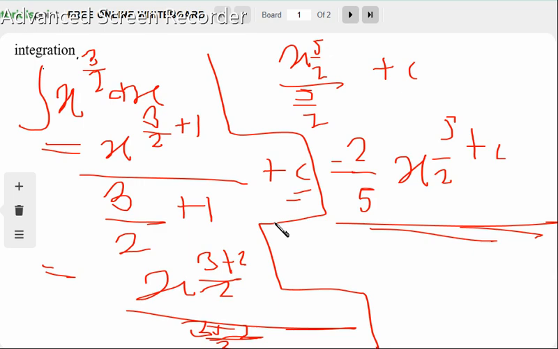So simple. And this is the fractional exponent integration of the power rule.